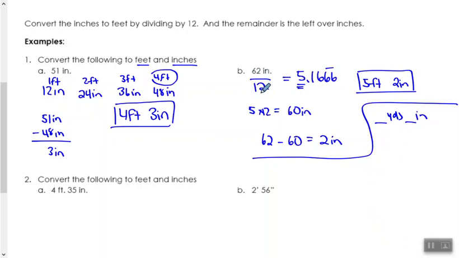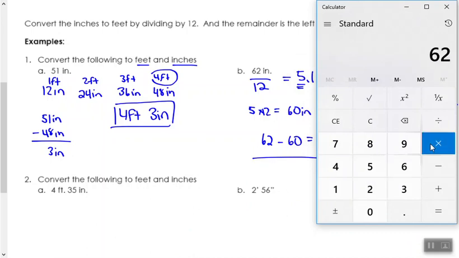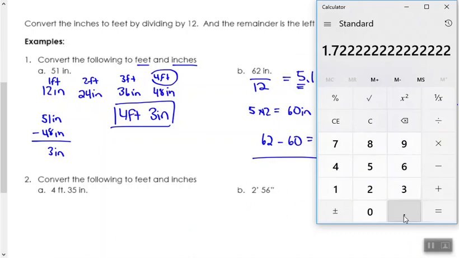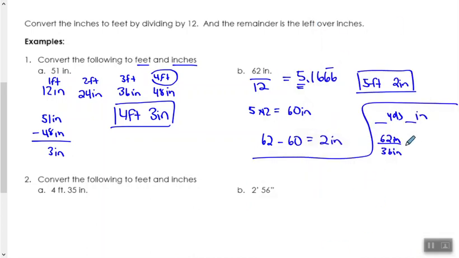Well, instead of dividing by 12, I would divide 62 by however many inches there is in a yard. So I have 62 inches and there are 36 inches in a yard. Now, doing that calculation, I get 1.7222 repeating. So it just goes in there one full time, which you might have been able to do just in your head without having to use your calculator.